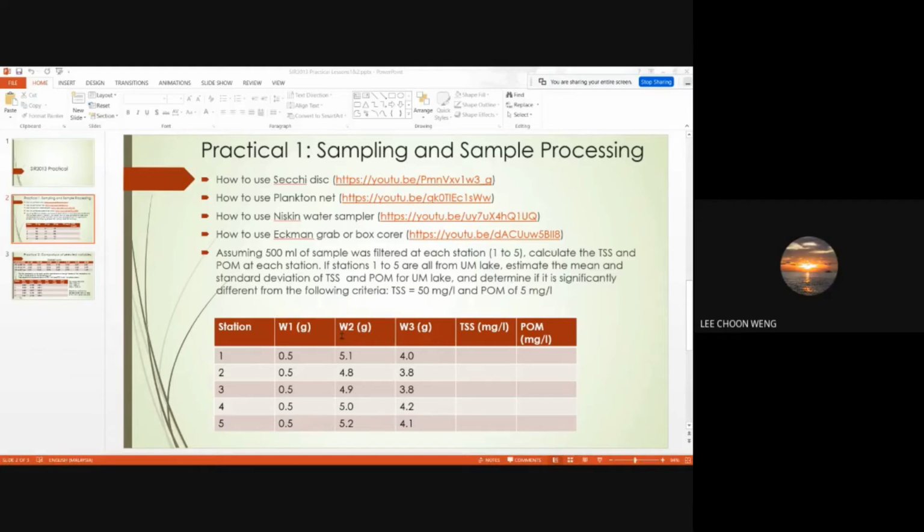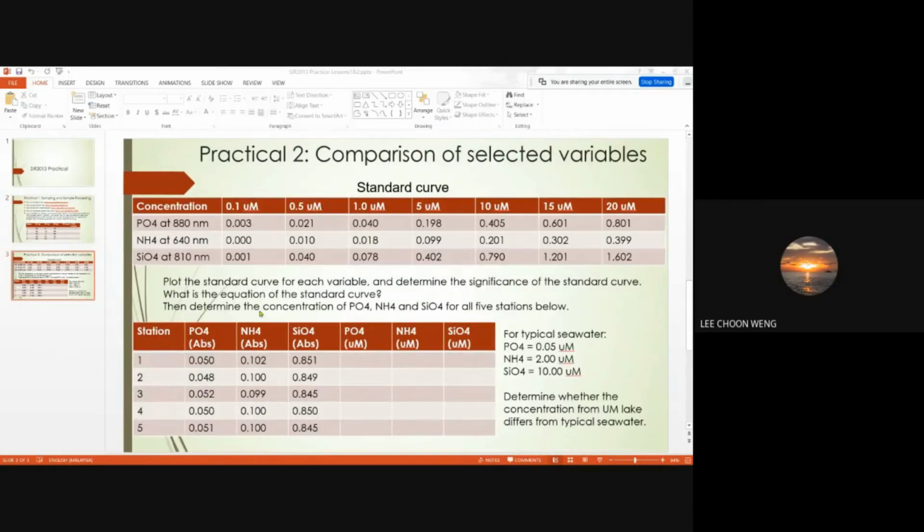So for practical 2, this is just how inorganic nutrients are measured in marine chemistry. First, a standard curve is prepared for the different measurements: phosphorus, ammonium, and silicate.